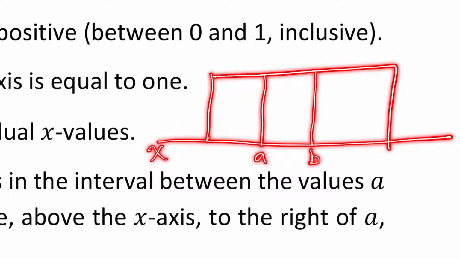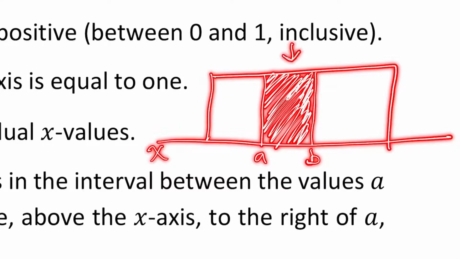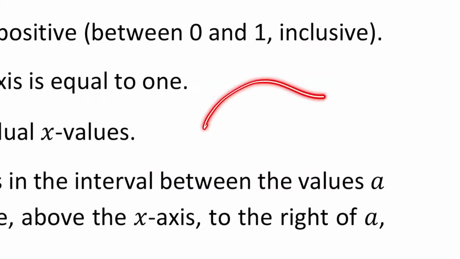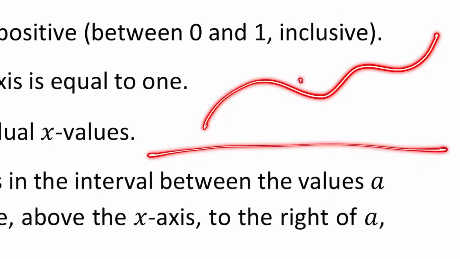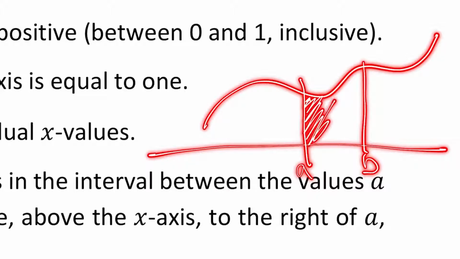So I want to find the probability from A to B, so what literally would be the area from A to B. So it's all the area that is under the curve, above the x-axis, to the right of A, and to the left of B. Now, if it was some other weird shape like this, and I want to find the area from A to B, it would be the same sort of idea. The area under the curve, but above the x-axis, to the right of A, and to the left of B. All right?